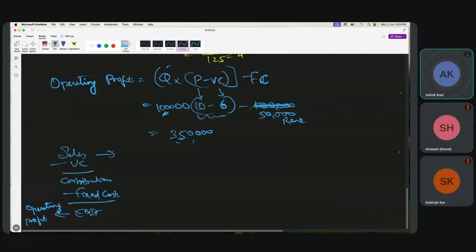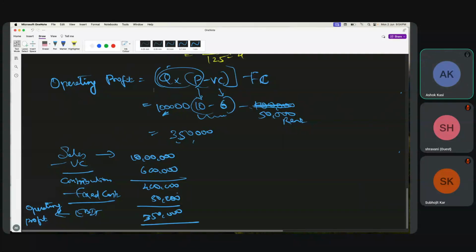So sales will be 10 rupees into 1 lakh, so 10 lakh sales. Then variable cost is 6 rupees into 1 lakh, so 6 lakh. So contribution will be 4 lakh. Fixed cost is 50,000. So 3 lakh 50,000.